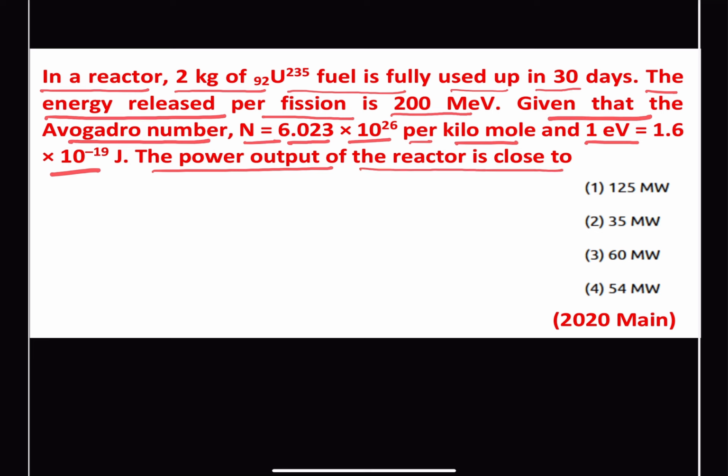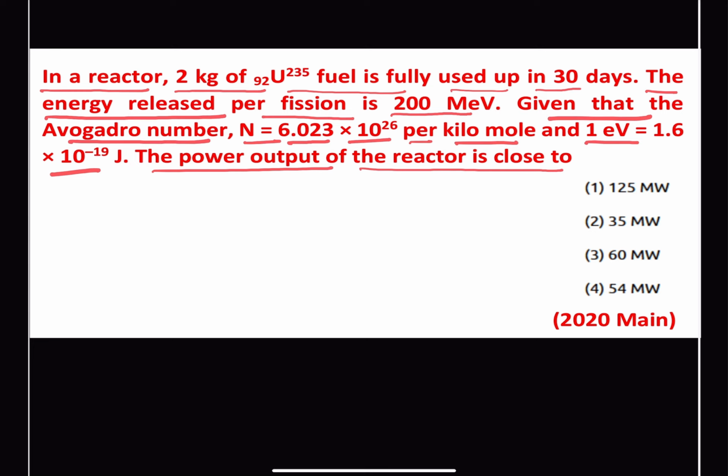In this case, we have to find out what will be the power output. For that, first of all, we are going to find out the total energy released. From there, we can easily calculate our power output. We are given that there is 2 kg of uranium, whose mass number is 235.